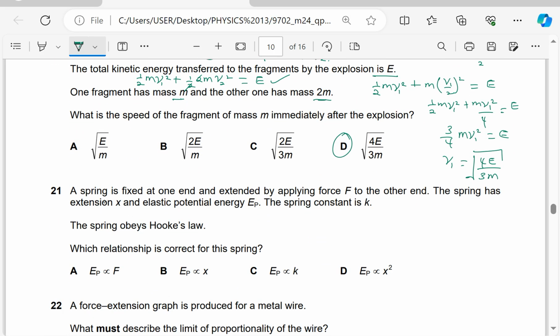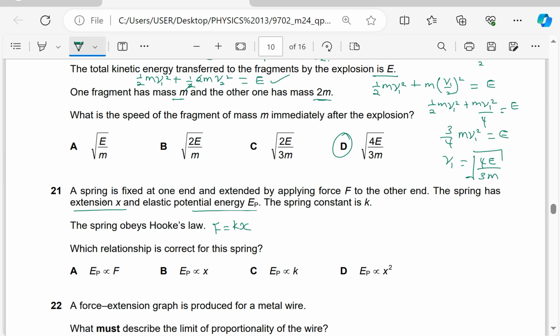A spring is fixed at one end and extended by applying force F to the other end. The spring has extension x and elastic potential energy Ep. The spring constant is k. The spring obeys Hooke's law. If it obeys Hooke's law, it means F is equal to k times x. Which relationship is correct for the spring?